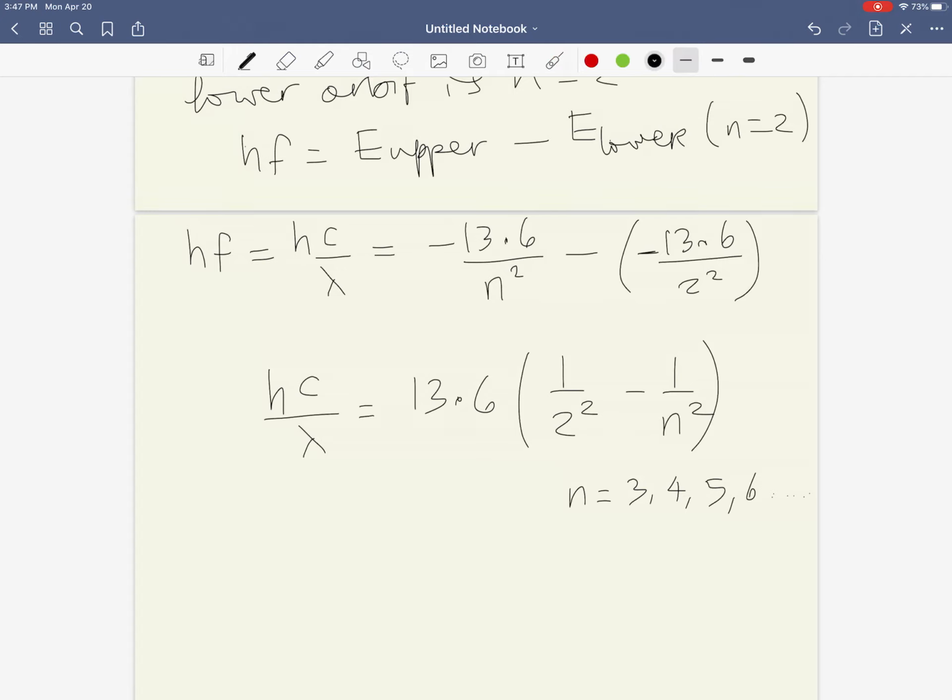Then you can show quite convincingly that if you divide both sides by h, Planck's constant, times the speed of light, then you obtain an expression like this. 1 over the wavelength is then 2.18 times 10 to the negative 18 divided by Planck's constant, 6.626 times 10 to the negative 34, times the speed of light, 3 times 10 to the 8.